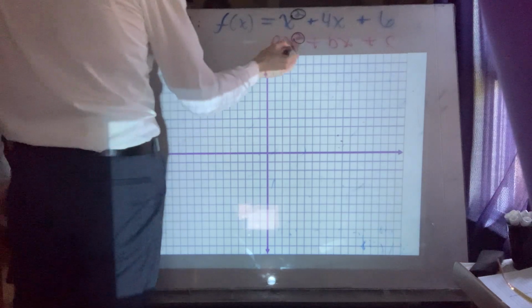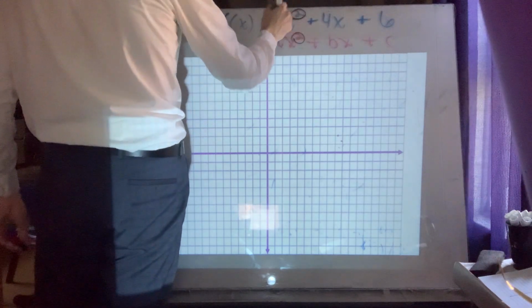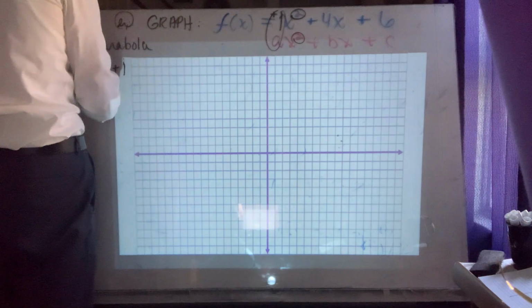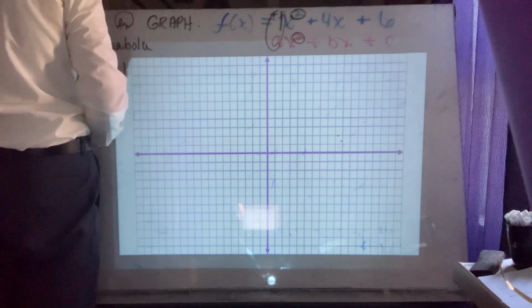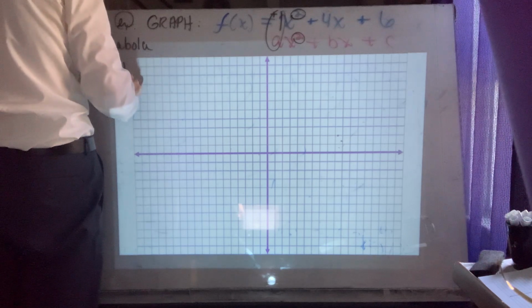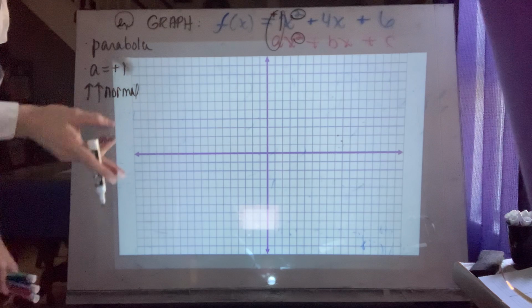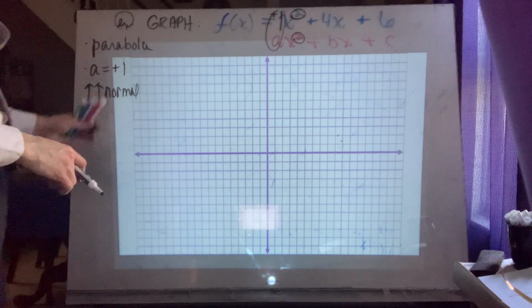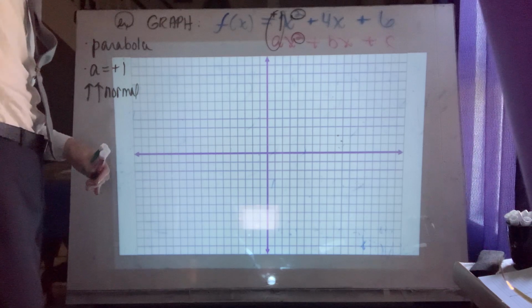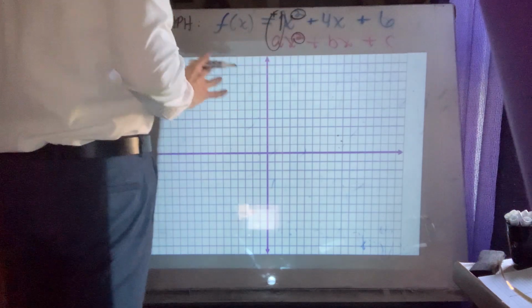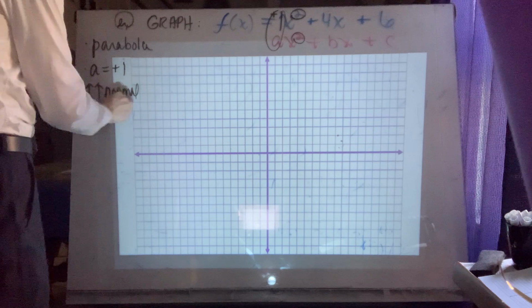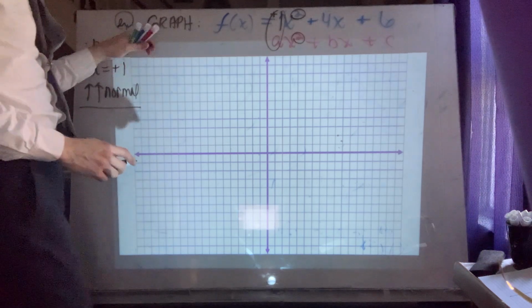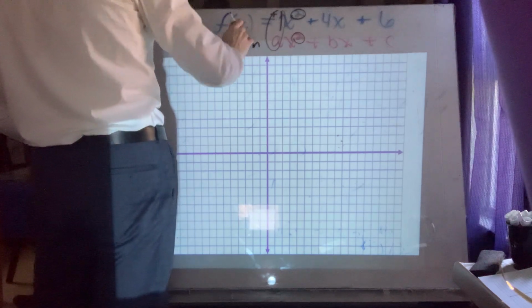It's apparently a positive 1 up in front, so the a value gives upward pointing arrows, and it's more or less normal, neither wider nor narrower than a parabola would be, barring some other conditions.